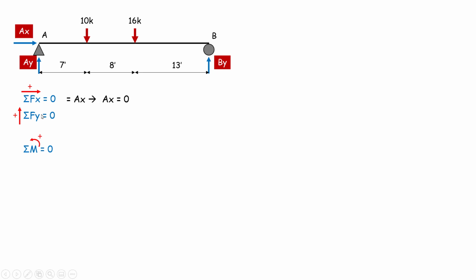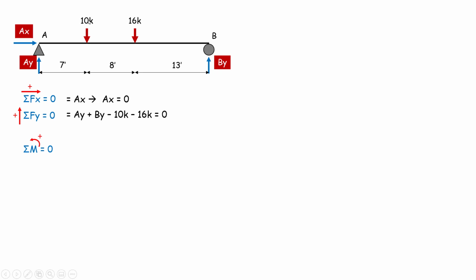So let's use the second equation. For the y direction we have AY over here, and because the positive side is upward, I just put AY with a positive sign. And then we have BY, this one also positive.